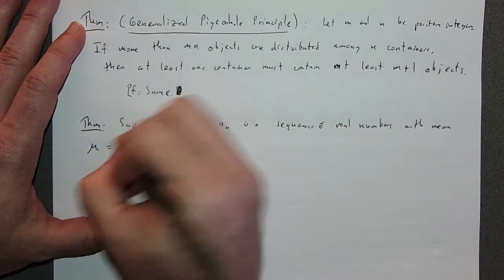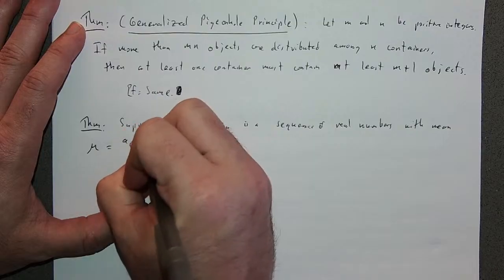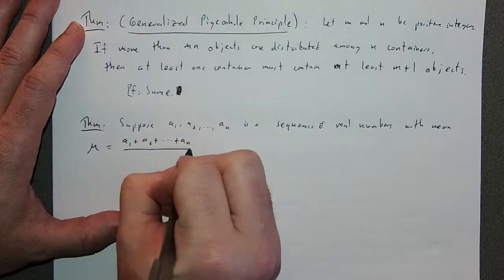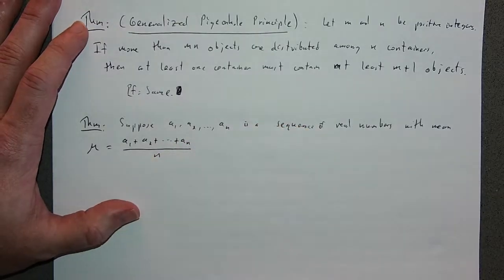So, of course, this is just the sum of these things divided by n. Okay.